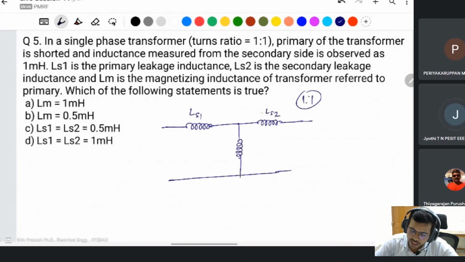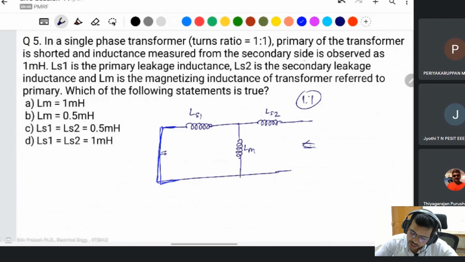A square times LS2, but A square is 1 because the turn ratio is 1. This will be LM. This is the primary side, this is the secondary side. The question is saying that the primary of the transformer is shorted, like that.